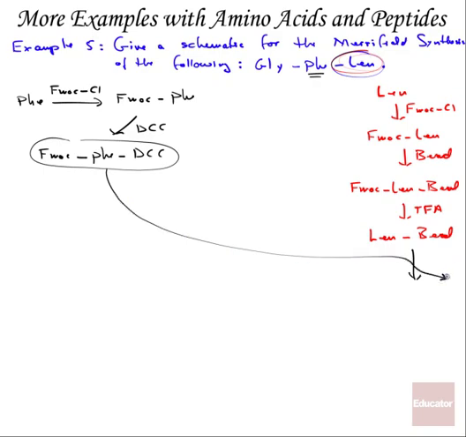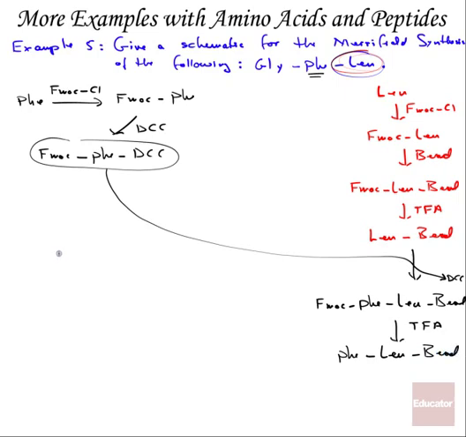Goes in here, DCC comes out, and what I'm left with is FMOC, Phe, Leu, and now it's still attached to the bead. Okay, I subject this to trifluoroacetic acid to release this FMOC. So I end up with phenylalanine, leucine, and a bead.